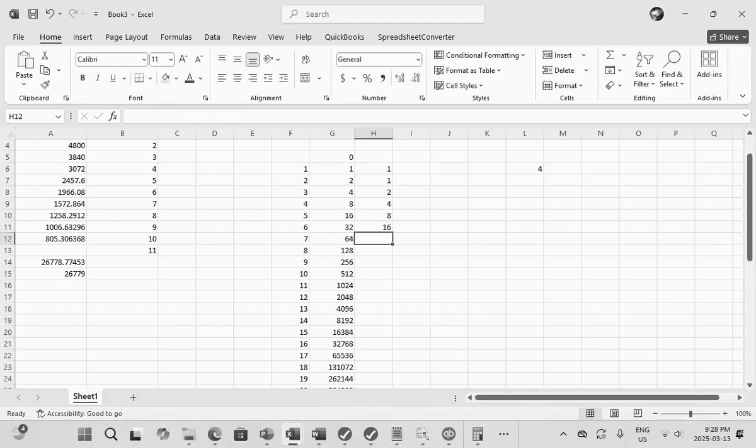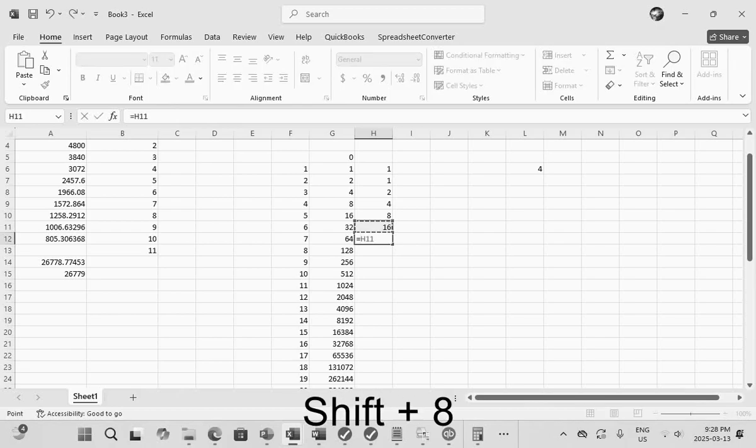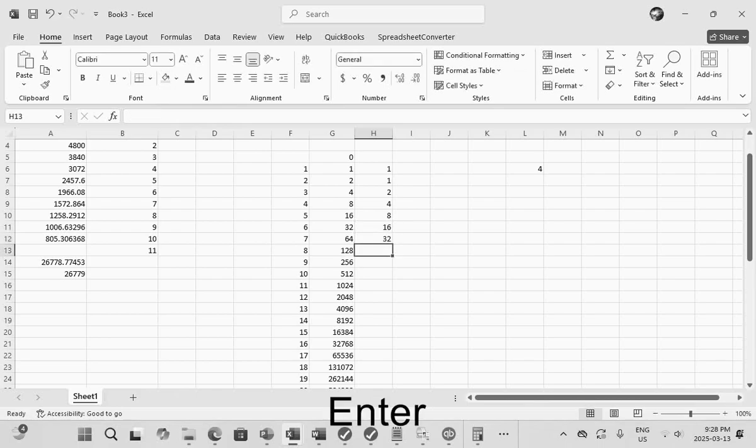So the difference between value number 6 and value number 5 should be 16. If you continue on this path, this will be 16 times 2, 32. Based on the difference, you can figure out a formula.